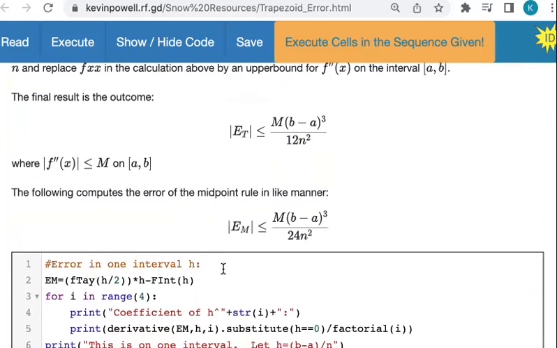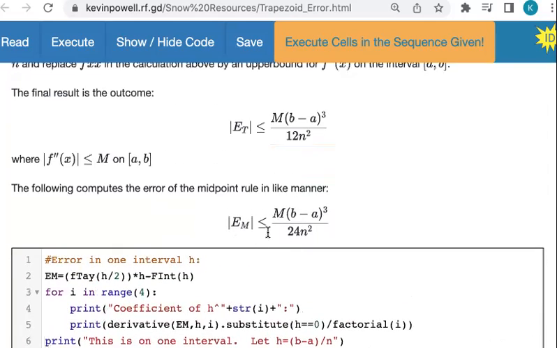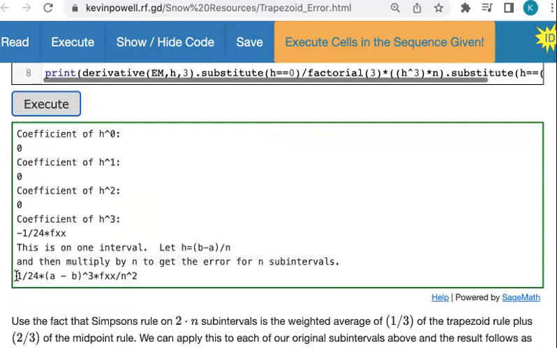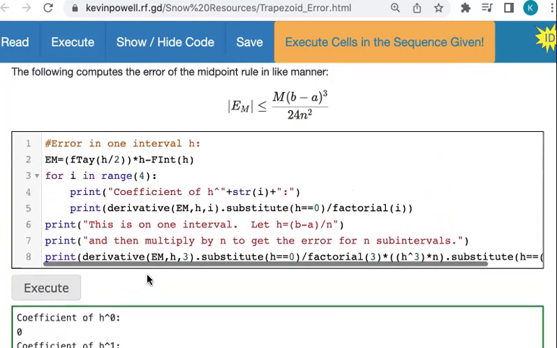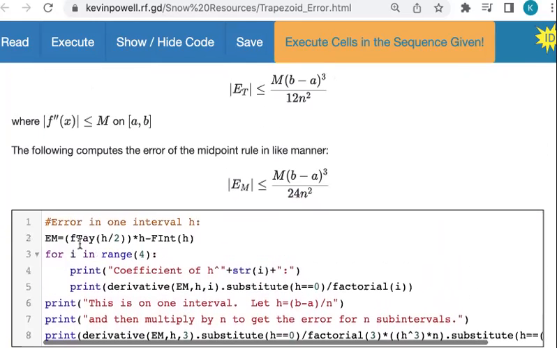In a similar way, I run through the same type of computation that does the midpoint rule, and you end up getting this. In fact, you can execute this code and you see right here is the formula for the upper bound for the midpoint rule. See the midpoint rule in action. Really, the only thing different here is this EM.